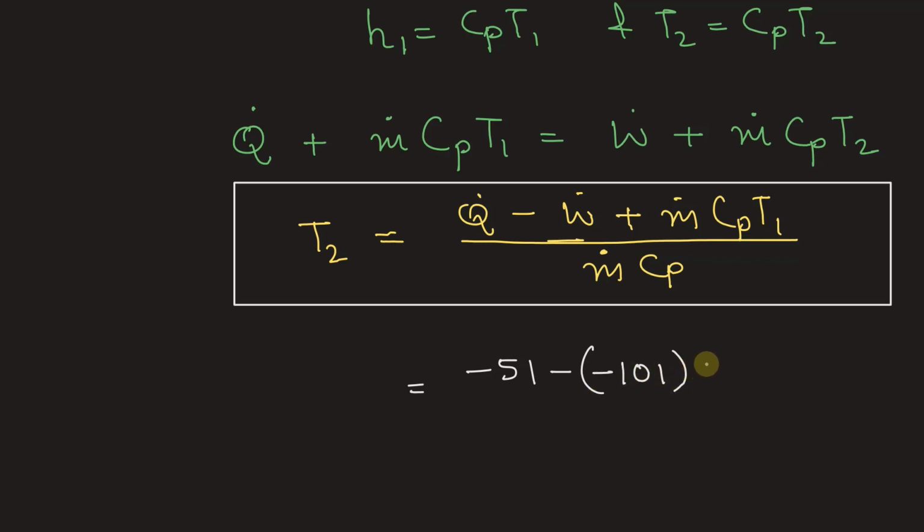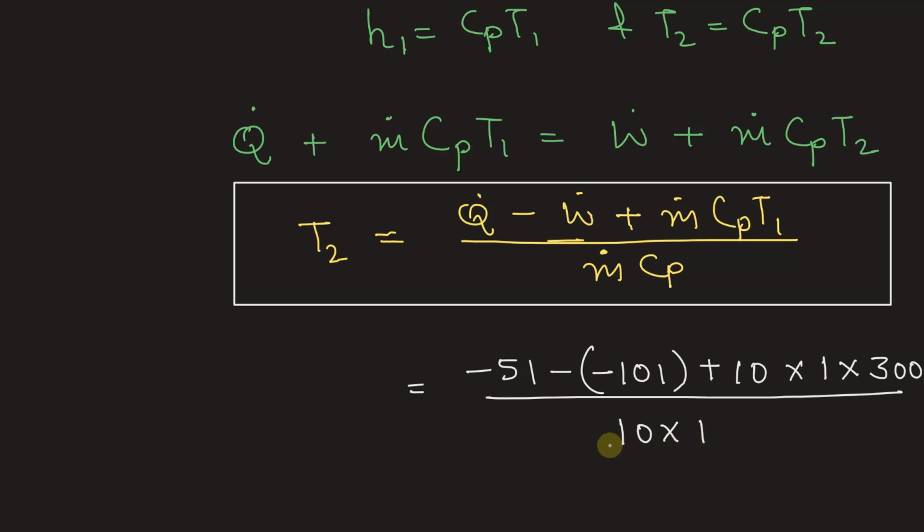Plus the mass flow rate we just calculated, which is 10, into Cp, which is mentioned in the problem as 1 kilojoule per kg Kelvin, and T1 is already given in the question, that is 300. This whole divided by the mass flow rate times Cp, that is 10 into 1.